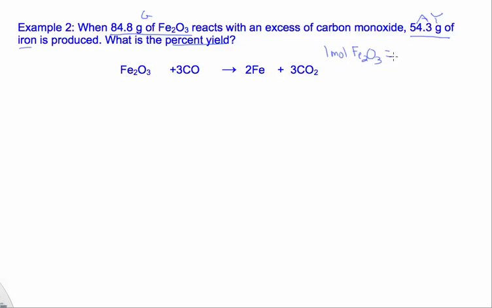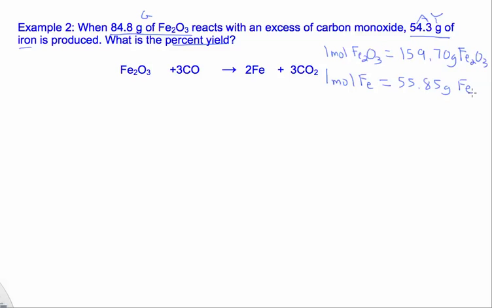So the molar mass is 159.70 grams of Fe2O3. We'll also need the molar mass of iron. So 1 mole of iron, and we just said iron was 55.85, equal to 55.85 grams of iron.